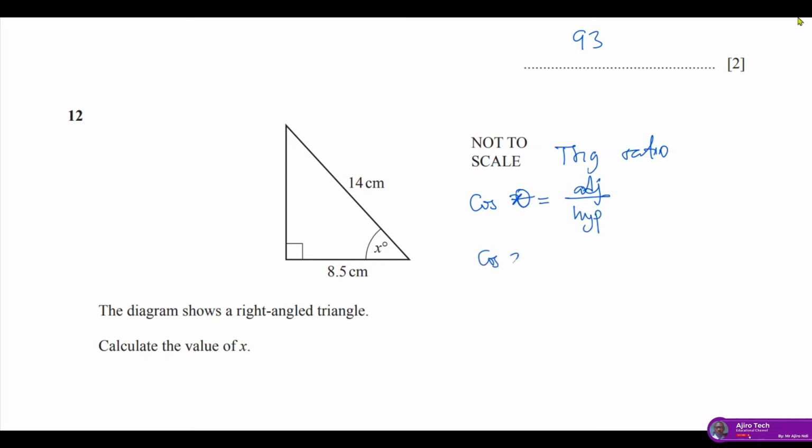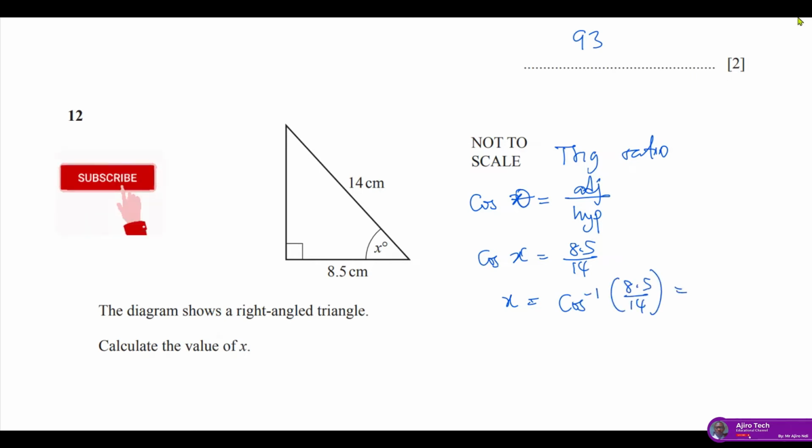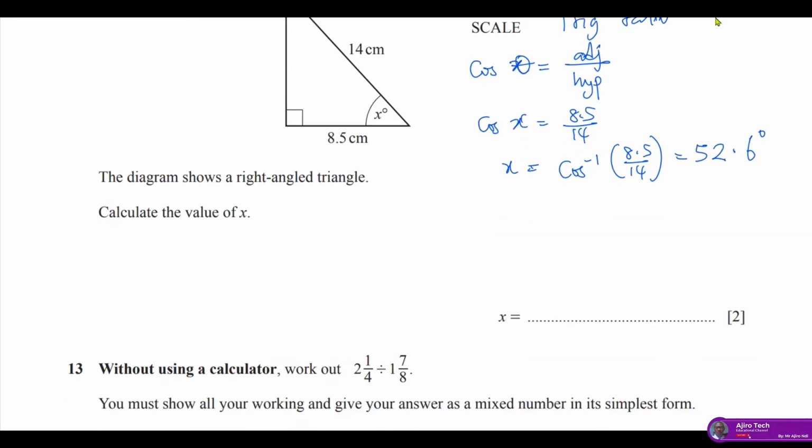So cos x is 8.5 over 14. x becomes cos inverse of 8.5 over 14. So the answer is 52.6 degrees.